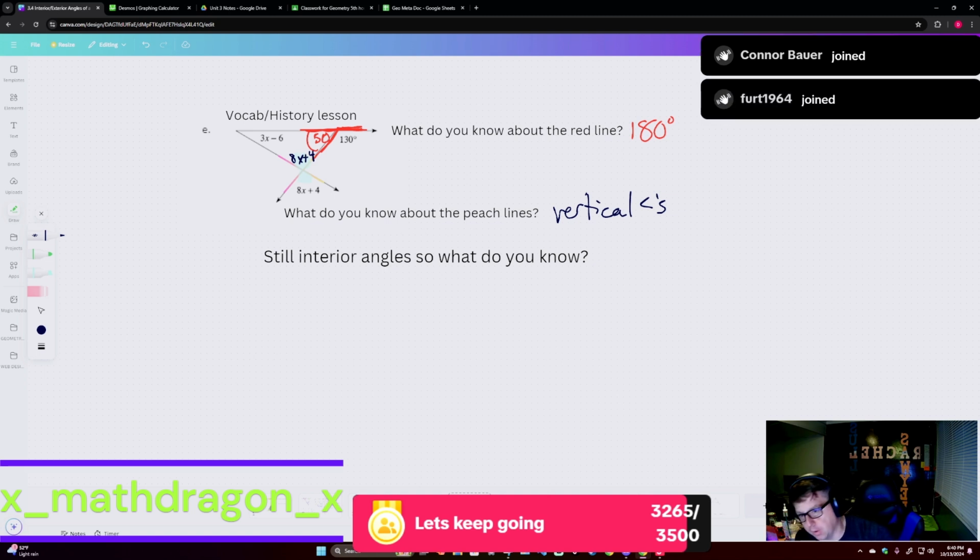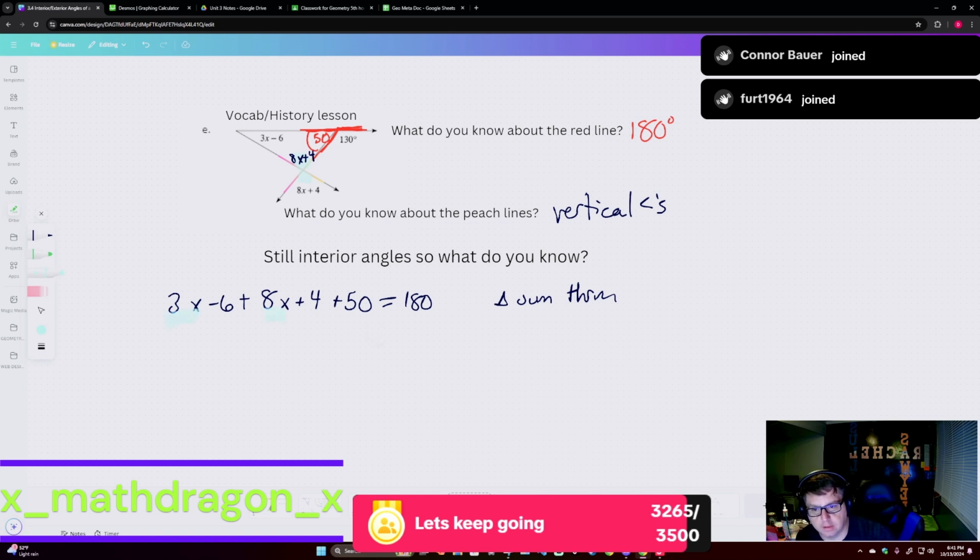So put all three angles together in that triangle, and we're going to have 3x minus 6 plus 8x plus 4 plus 50 equals 180. And we'll call this the triangle sum theorem because we don't have any letters. And I'm just going to keep it like this for now.